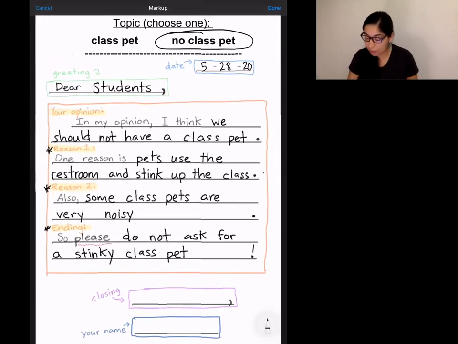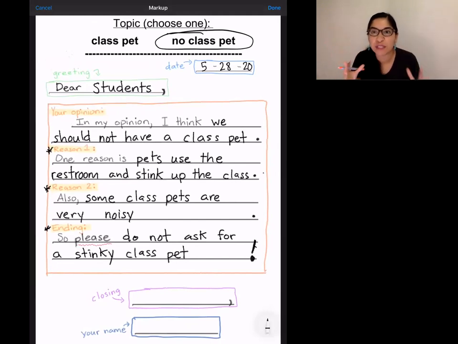And I put an exclamation mark because I have a lot of feeling for that sentence. So please do not ask for a stinky class pet.